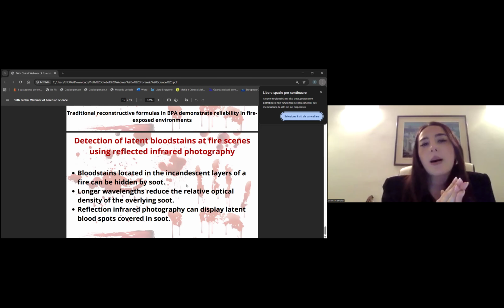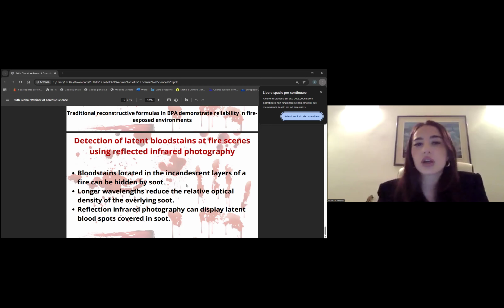This metameric effect has significant value for forensic investigation at fire scenes because when a material is photographed using infrared radiation, we can have three different possible recording results.